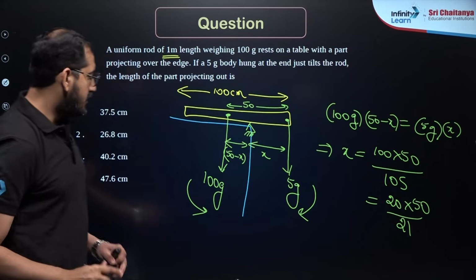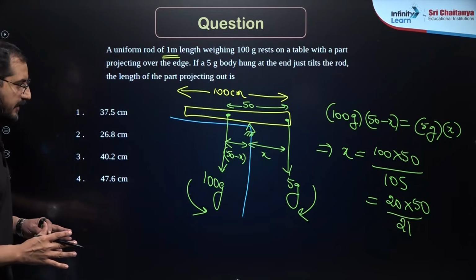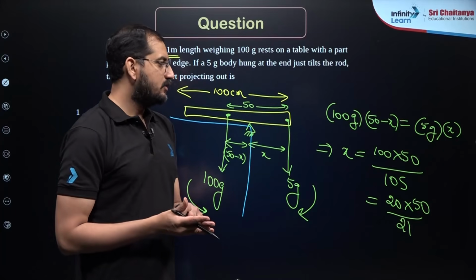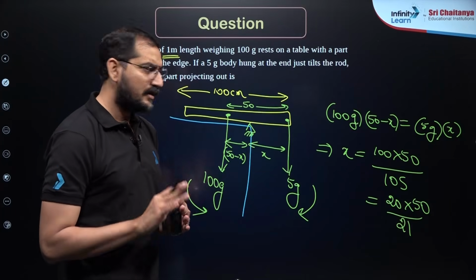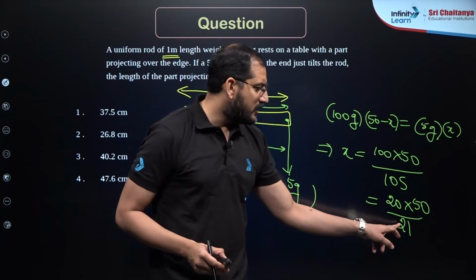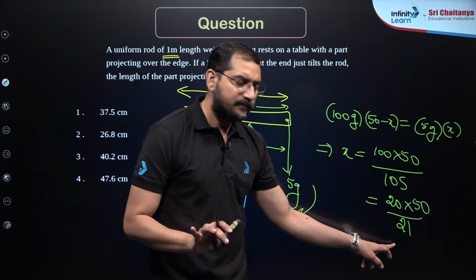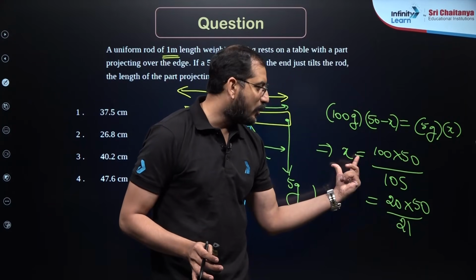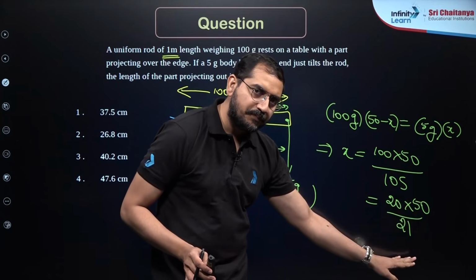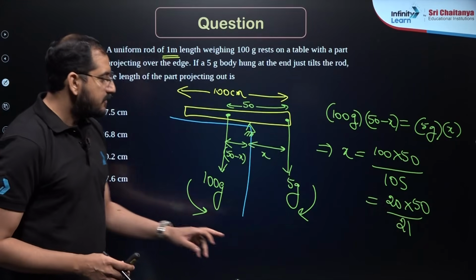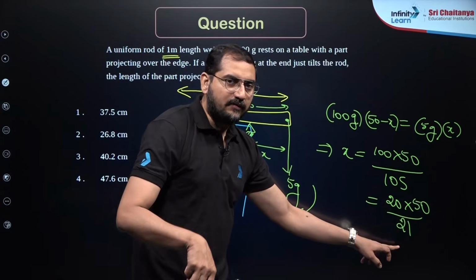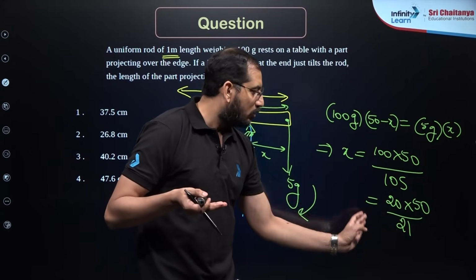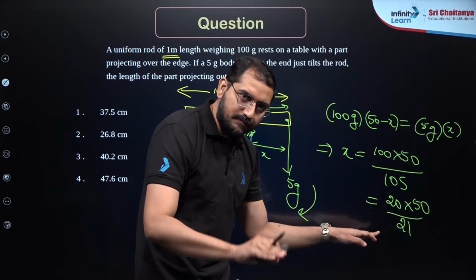Now I need to find almost the exact answer, so I am going to use an approximation method. Listen very carefully. Imagine instead of 21, this is 20. What will happen? 20 and 20 will get cancelled out and I will get an approximated value of 50. But since the denominator is actually 21, the denominator is slightly higher, so the overall value will be slightly lower.